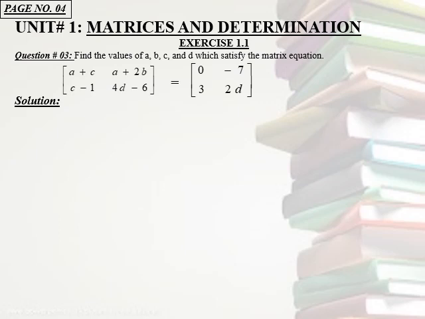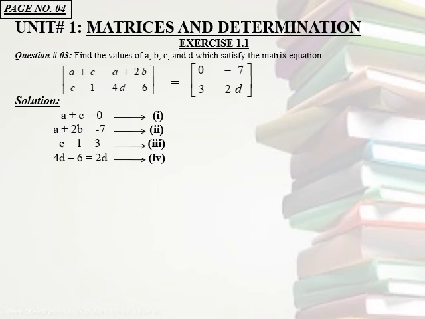So we can say that a plus c is equal to 0. I am naming this equation 1. a plus 2b is equal to -7 and it becomes my equation 2. Similarly for the third one, c minus 1 is equal to 3 and it becomes our third equation. And the last one is 4d minus 6 is equal to 2d and this becomes our fourth equation.